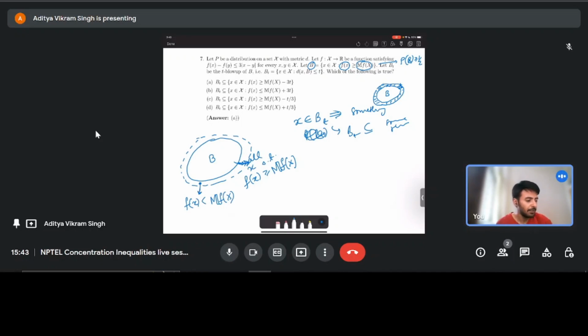By definition, B complement is all x such that f(x) is strictly less than the median of f(x).